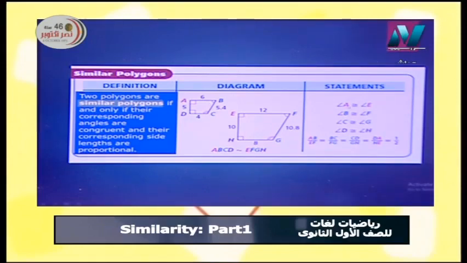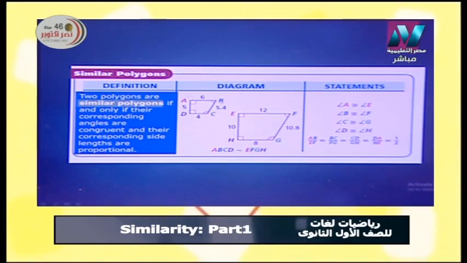Statements: angle A is congruent to angle E, angle B is congruent to angle F, angle C is congruent to angle G, angle D is congruent to angle H. Then we have to find the proportional ratios.